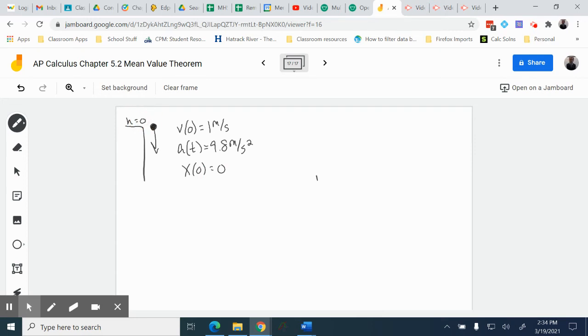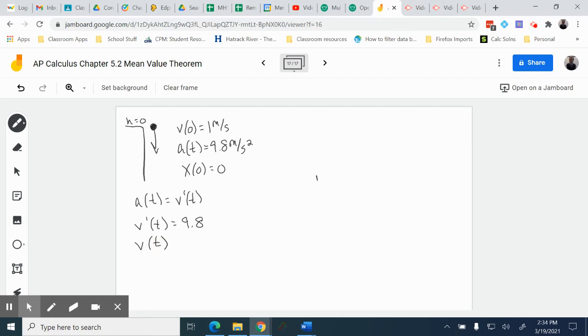Now, why is this different? Well, the process is going to be the same. Acceleration is the derivative of velocity, which means that velocity can be determined using the acceleration.